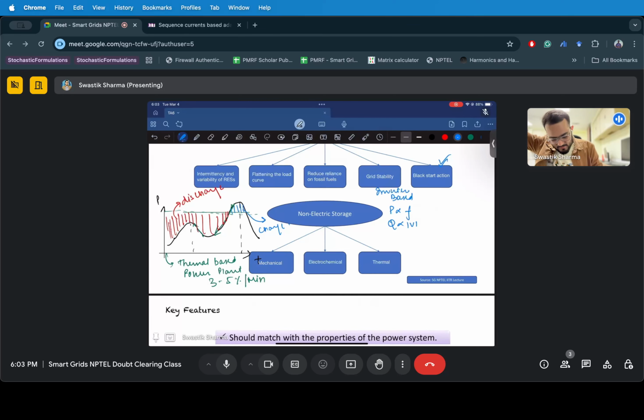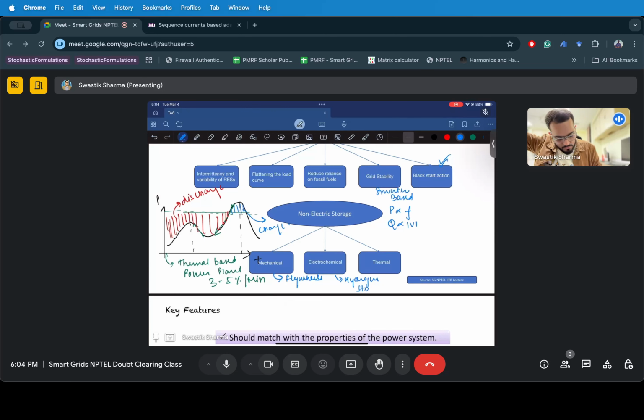So we have discussed this not a million, but many times in the first 2 weeks. So for mechanical, you have flywheels, you know. For electrochemical, you have hydrogen systems. You can store hydrogen, and then you can use it at a specified pressure.